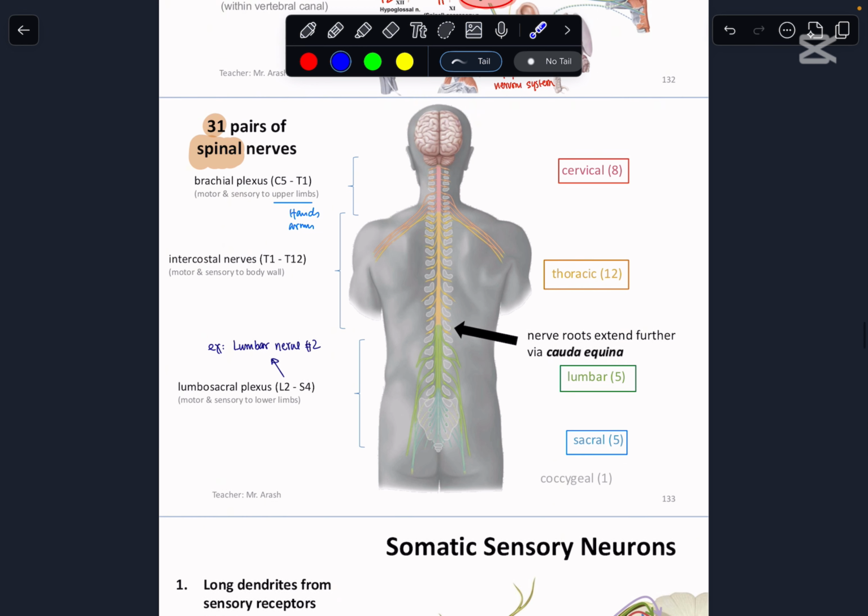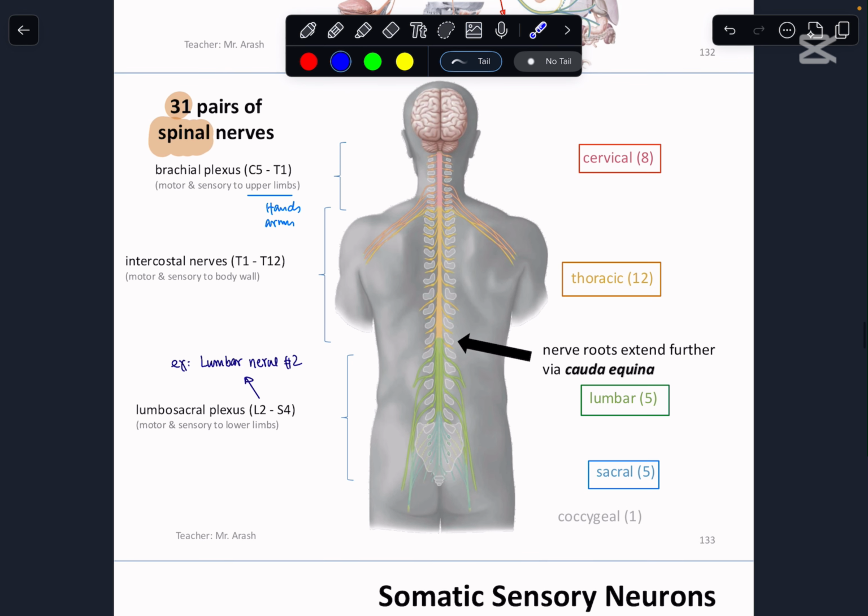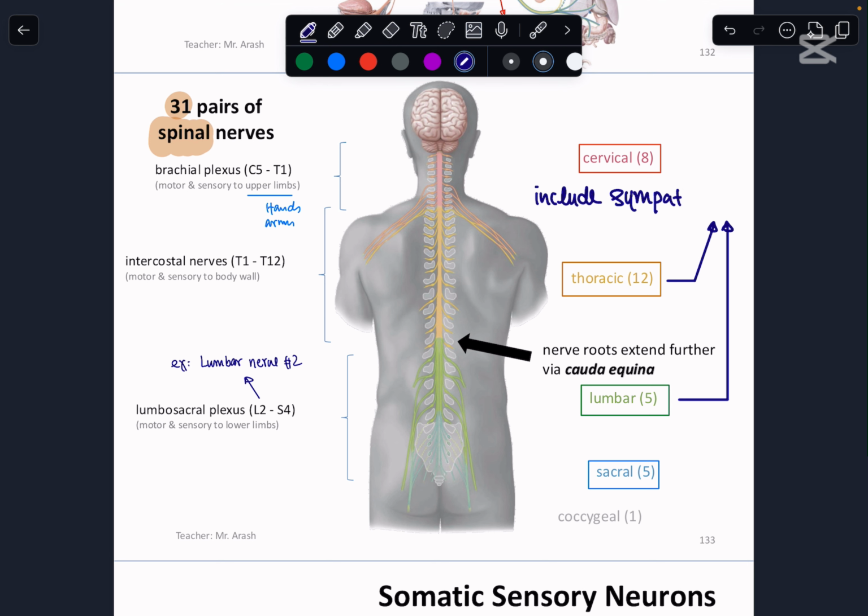What I want you to know is this. Remember we talked about the parasympathetic and sympathetic branches of the nervous system? I want you to know that the thoracic and lumbar nerves are what make up the sympathetic motor nerves.